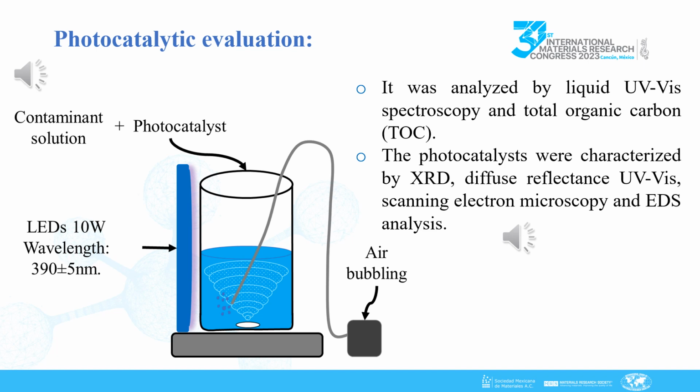The photocatalytic evaluation is carried out in a system like the one presented. In the batch reactor, the polluting solution and the photocatalyst are added. This is kept under constant agitation and air bubbling.